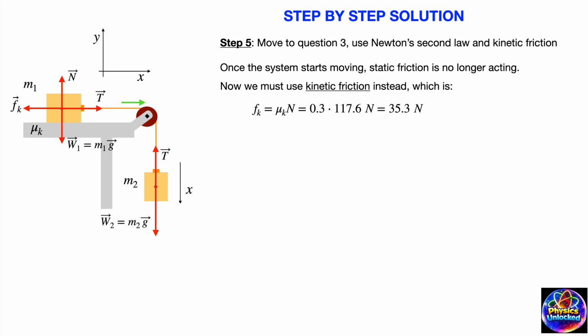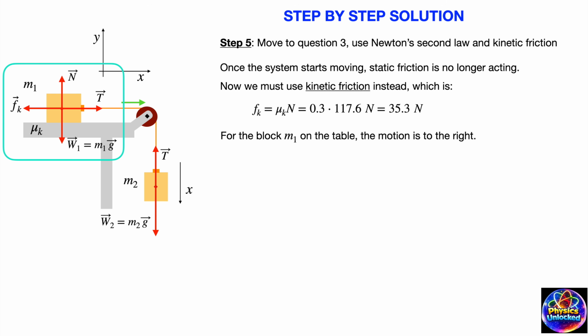So we have that Fk equals roughly 35.3 newtons, after some simple calculations. Now for the block M1 on the table, the motion is of course to the right, because the tension is pulling the block to the right.